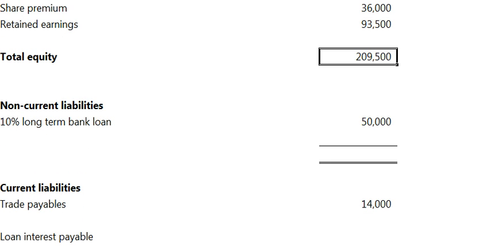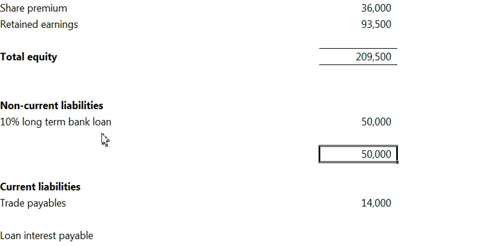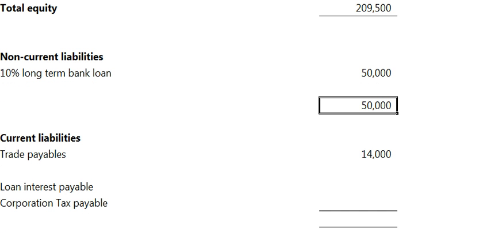Non-current liabilities is always the bank loan. Take it straight from the trial balance, and underneath we just have to add it up, which is 50. Then we come to the current liabilities, which are your short-term liabilities, people you owe money to, and you have to pay them within 12 months. Trade payables is definitely one. Take it straight from the trial balance.